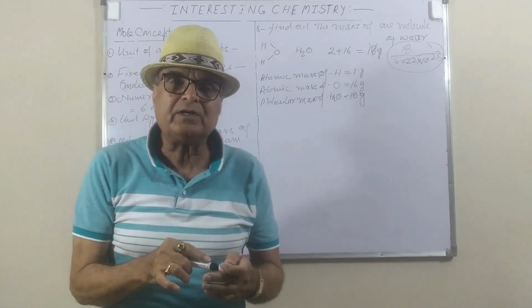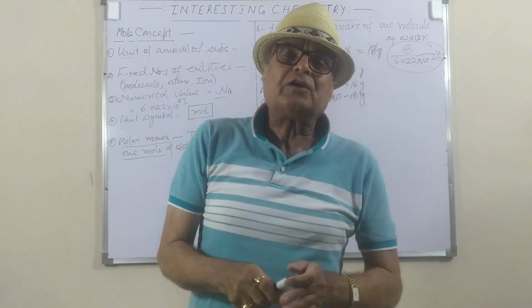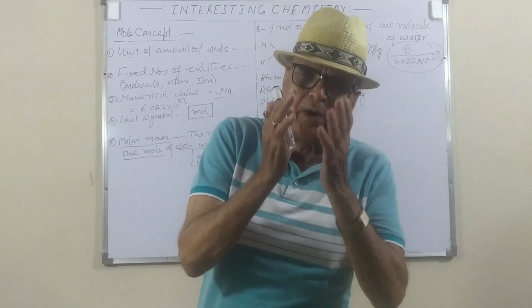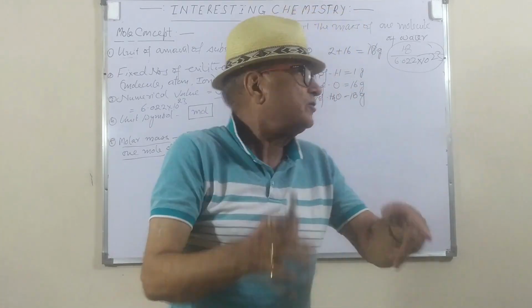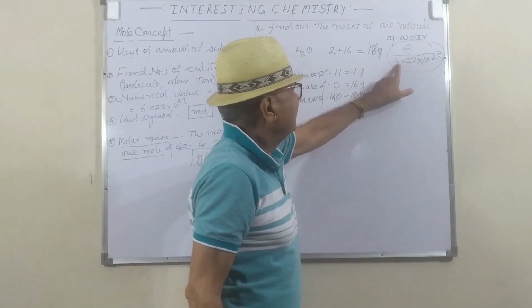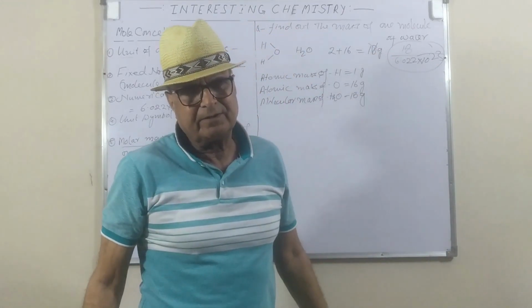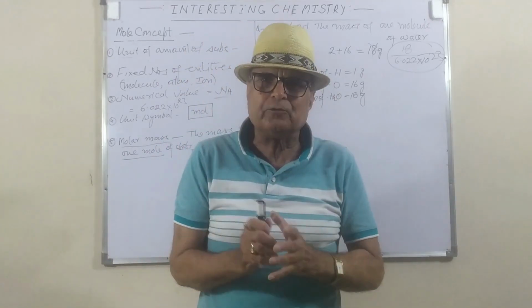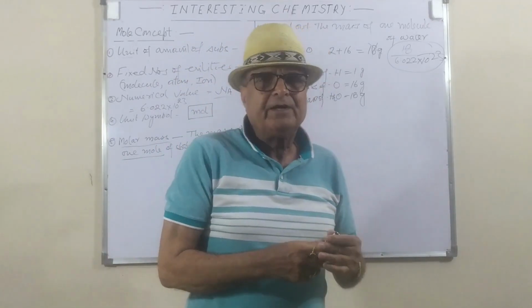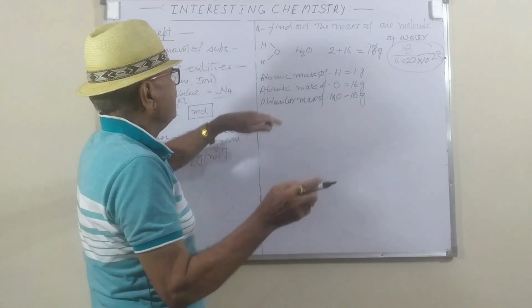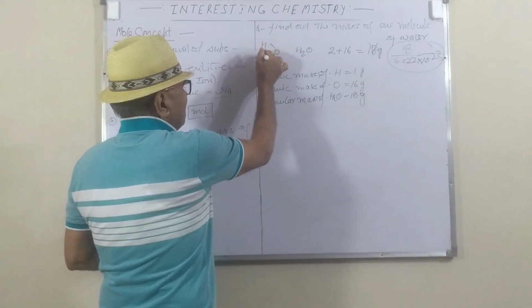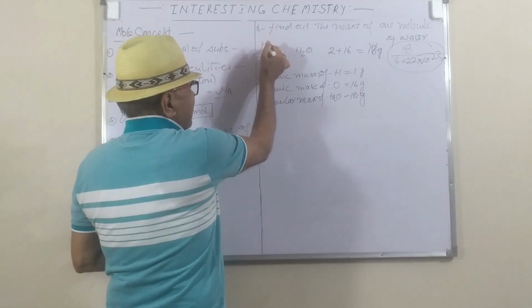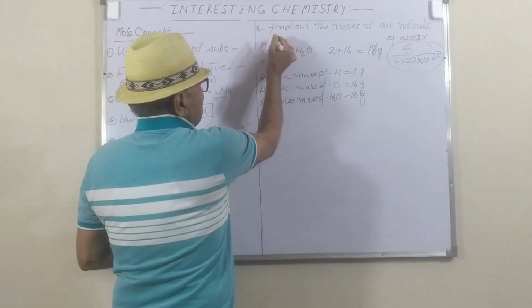Now the question arises: why do you have to divide this 18 by the Avogadro number? I will explain why. Here, you have taken 1 for this hydrogen.